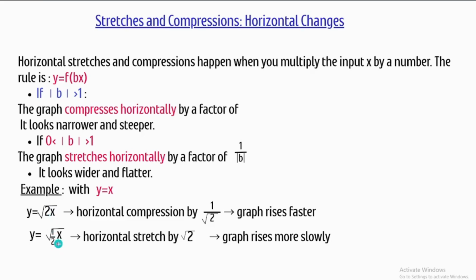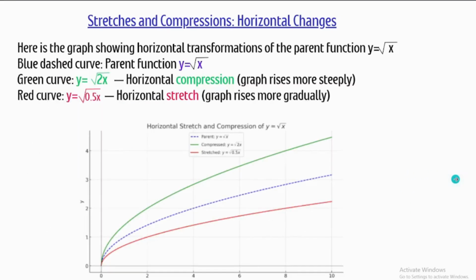The effect happens inside the root. If we multiply by 2x, horizontal compression, the graph rises faster, compression by 1 over root 2. Horizontal stretch will be root 2 if we multiply by a fraction, and the graph rises more slowly. We will see that. Now this is the parent graph. It's a radical, the graph of y equals root x.